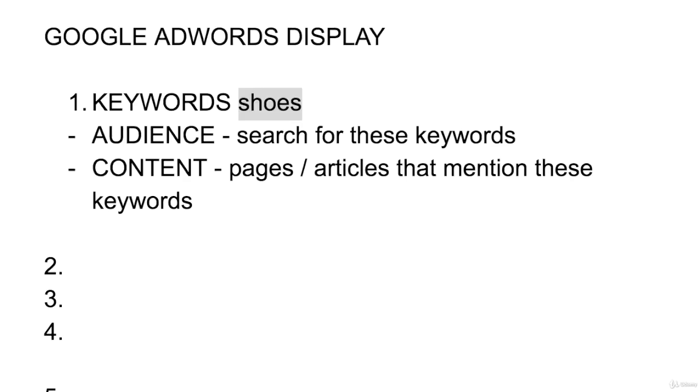A great example based on doctors: if you target the keyword which is the problem the patients have, the disease, then your targeting will be great. But there are a lot of other ways of targeting in GDN, in Google AdWords display. So let's go to the second and see the third and the fourth. It's really magic how Google lets you target the audience you want.